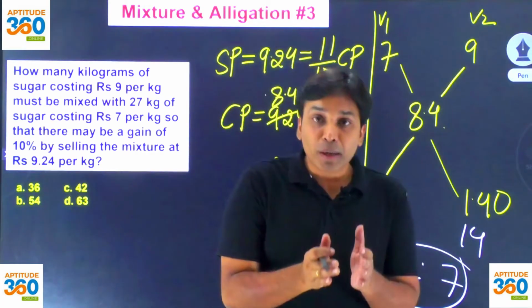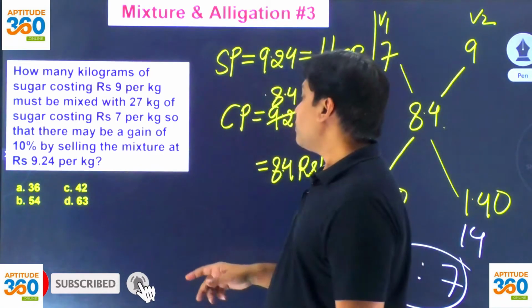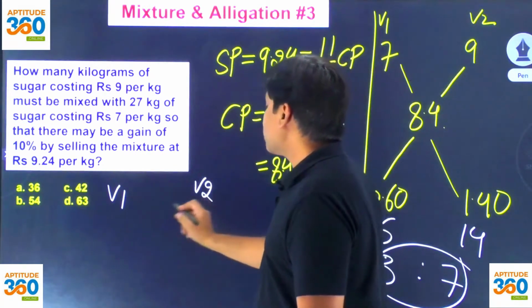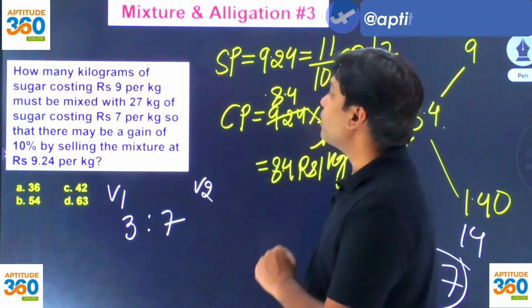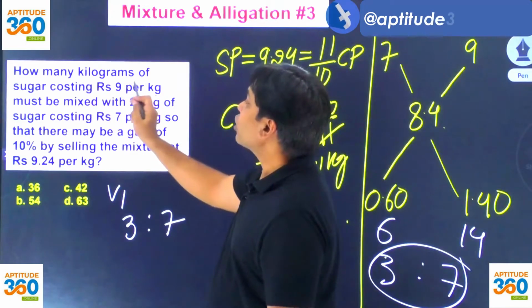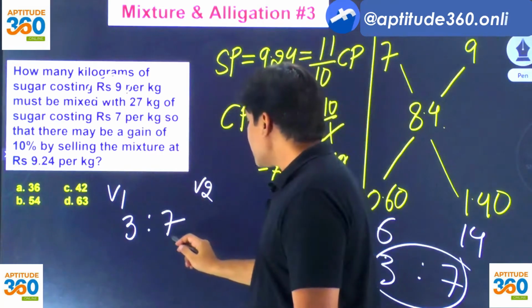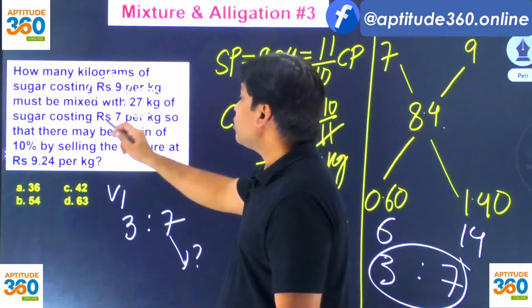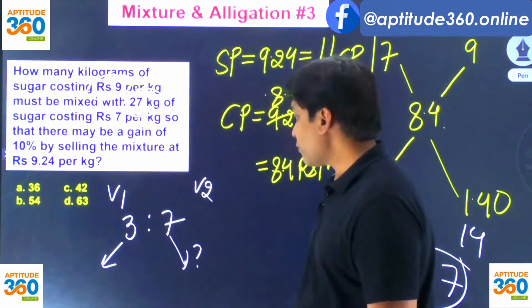So we need to be mixing these two varieties in 3:7 ratio. अब प्रॉब्लम ये बोला गया कि वेराइटी 1 एंड वेराइटी 2 शुड बी मिक्सड इन 3:7 रेशियो. आपके पास प्रॉब्लम क्या बोलता है, हाउ मेनी किलोग्राम ऑफ शुगर कॉस्टिंग 9 रुपीज. So this you do not know, and 27 kilogram of sugar costing this variety. So variety 1 is what, 27 rupees per kilogram.